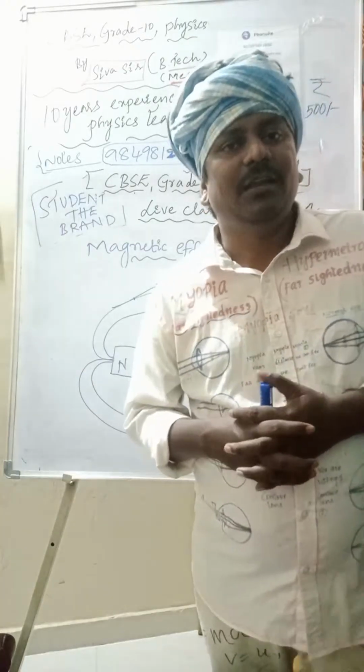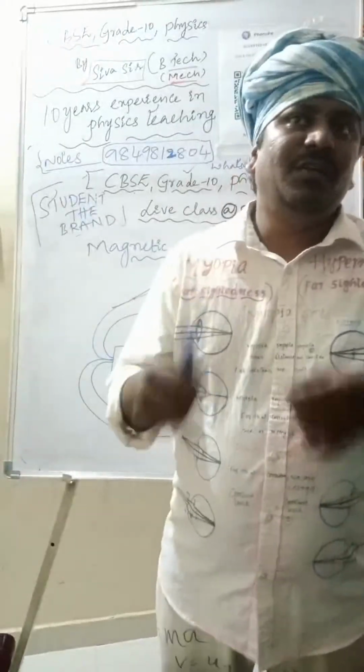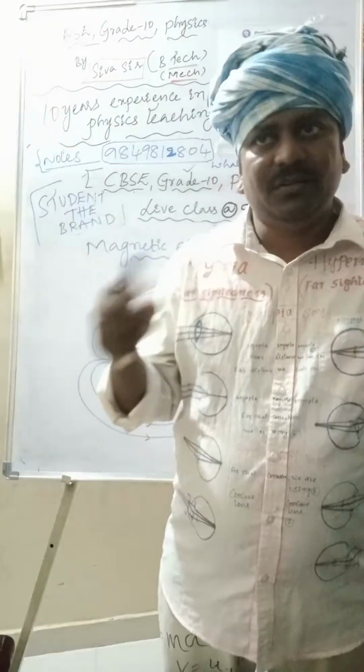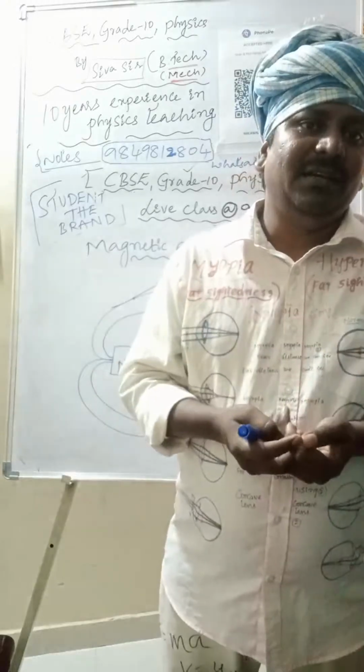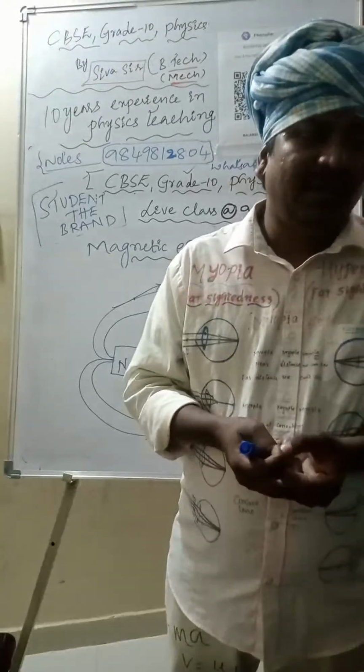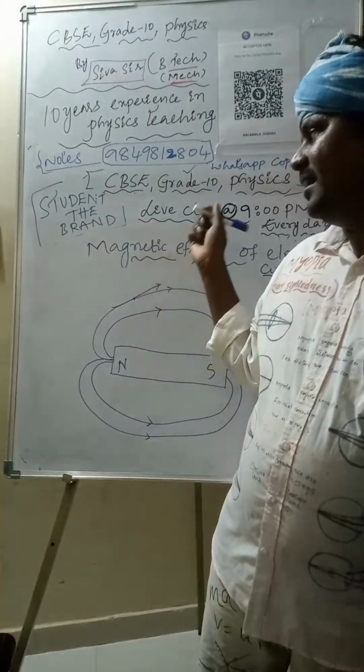Normally we know electromagnets. If you take an iron nail and wind copper wire around it, then connect it to the battery, it acts as a magnet. Here I am talking about the magnetic effects of electric current.